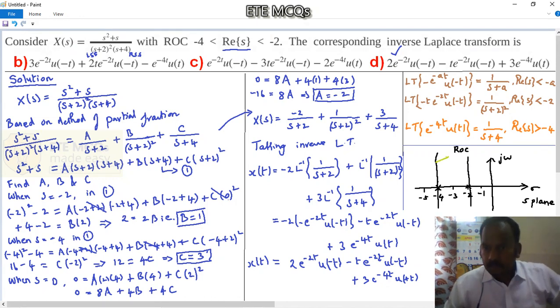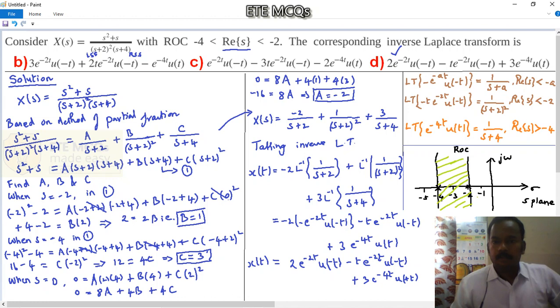So the region of convergence is between minus 2 and minus 4. So this is your final region of convergence plot, and this is your solution. Option D is correct. Thank you.